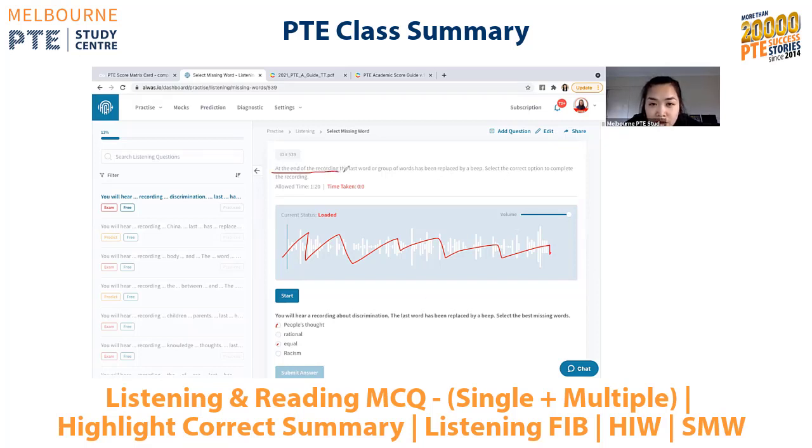At the end of the recording, the last group of words has been replaced by a beep. So you have to find out what is the replacement of that beep. You have to pick the option. So that's what they call select missing word.